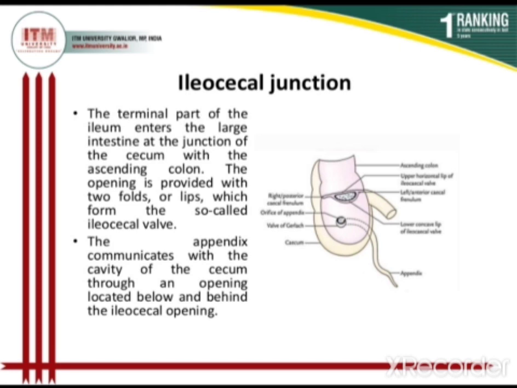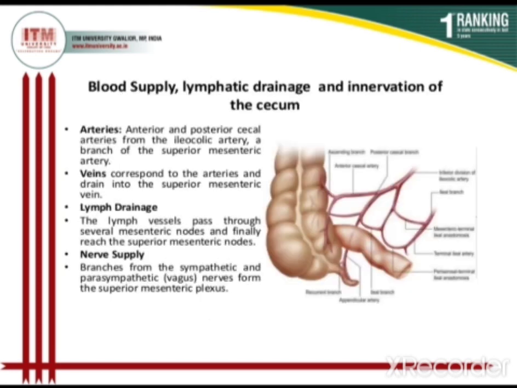Now next is the blood supply, lymphatic drainage and innervation of the cecum. The arteries are the anterior and posterior cecal arteries, from the ileocolic artery, a branch of the superior mesenteric artery. Veins correspond to the arteries and drain into the superior mesenteric vein.